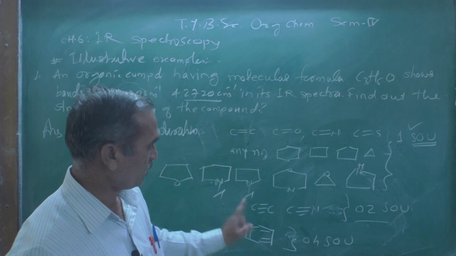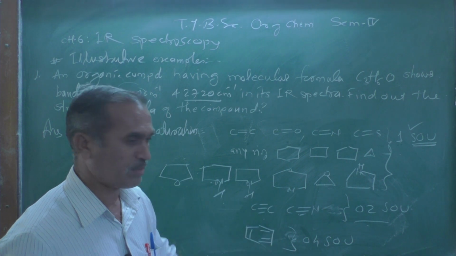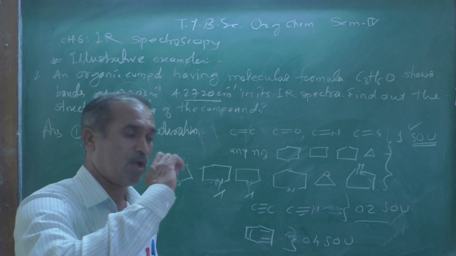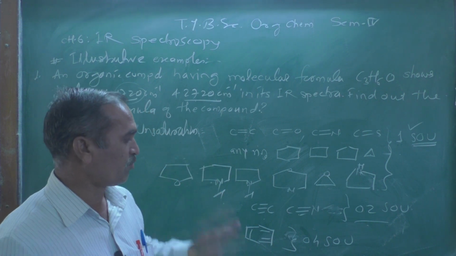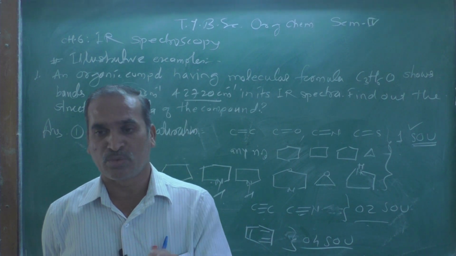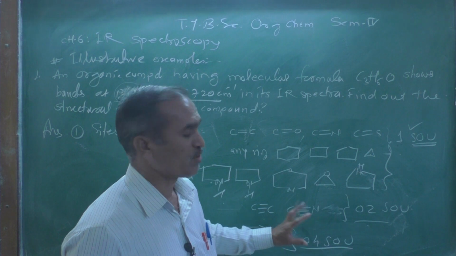How? Look here: carbon-carbon double bond, single bond, double bond, single bond and double bond. There are 3 carbon-carbon double bonds and 1 for the ring, and therefore the total sites of unsaturation for benzene is 4.